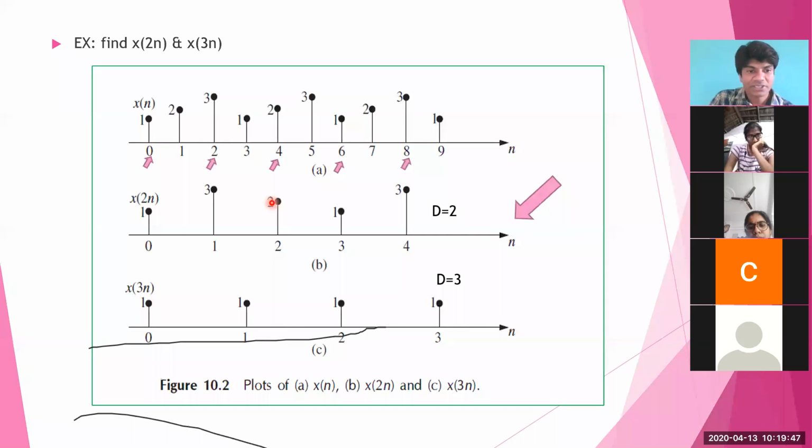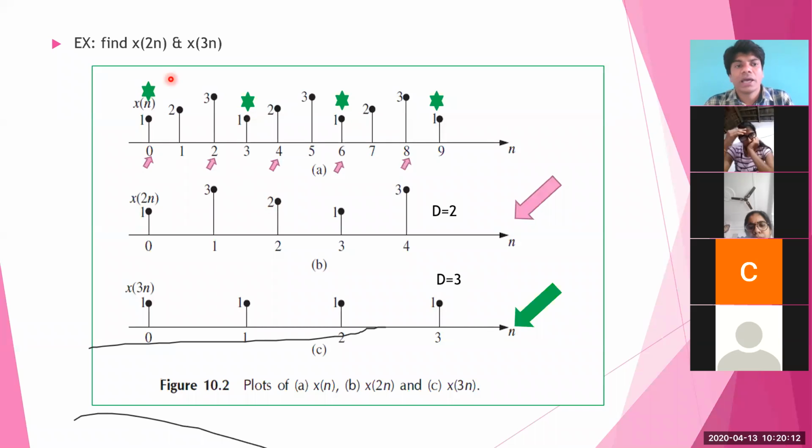Now, let's see the next example, x of 3n. The decimation factor here is 3, which means I have to drop 3 minus 1, which means 2 samples between 2 successive samples. Here you can see these green stars.